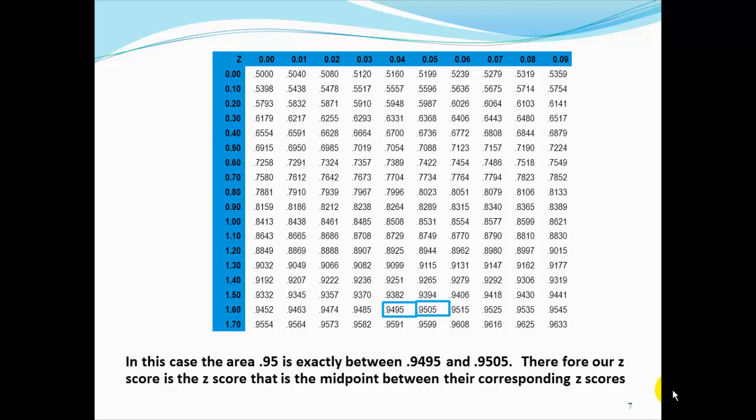Therefore, we should select the z-score that is exactly in between the two z-scores that correspond to these areas. 0.9495 corresponds to a z-score of 1.64, and 0.9505 corresponds to a z-score of 1.65.